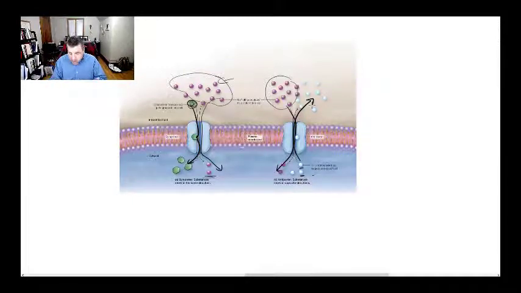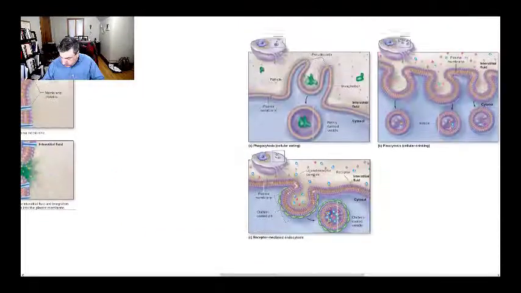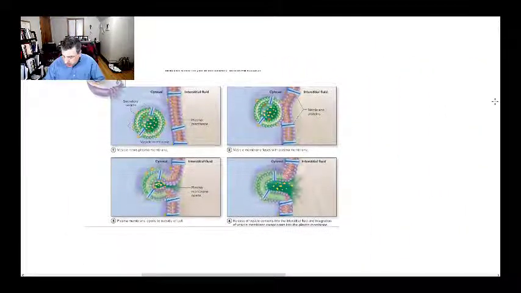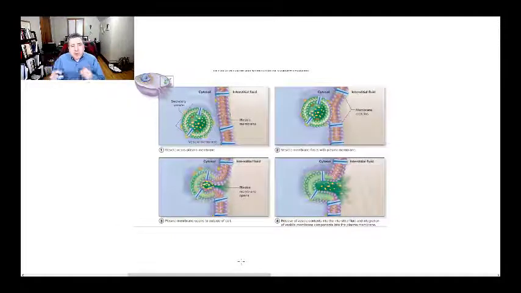Now let's look at one more here. Let's look at a couple other types of movement across the cell membrane. The first one is a vesicle.